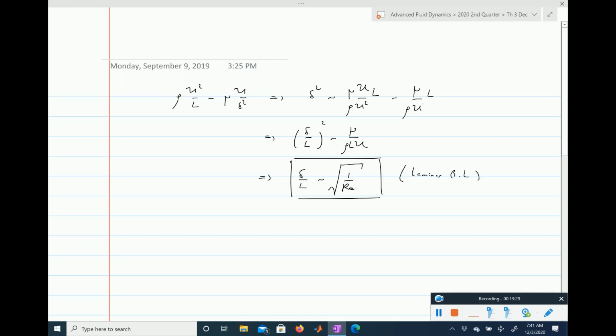What you see is that when the Reynolds number becomes really large, then 1 over the Reynolds number becomes small, and this boundary layer becomes small. So when the Reynolds number is large, the region over which the effects of viscosity are important is a region of very small thickness.